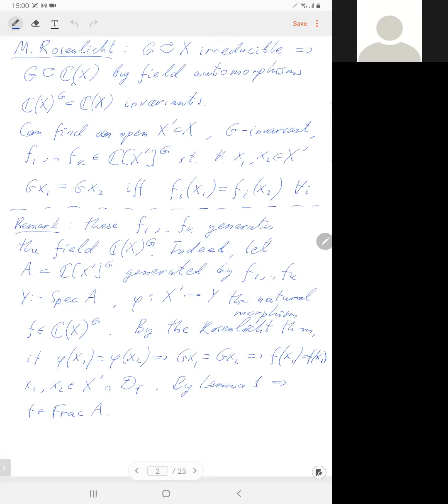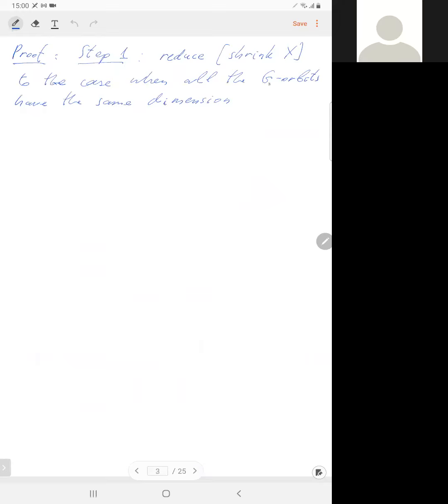Okay. And so first of all, I claim that after passing to a G invariant open subset, we can make sure that all the G orbits have the same dimension. So shrink means replace X by a G invariant open subset.